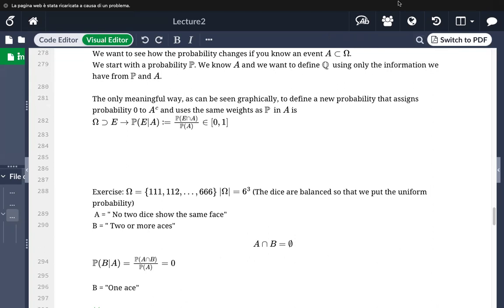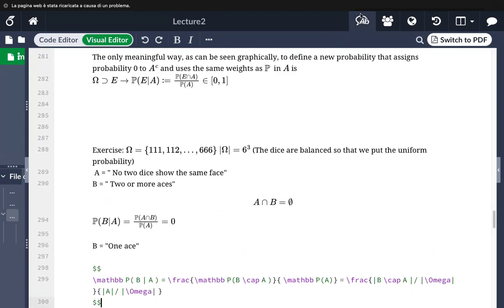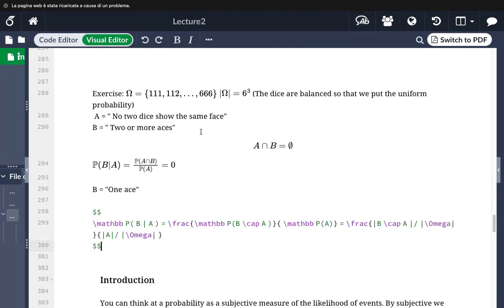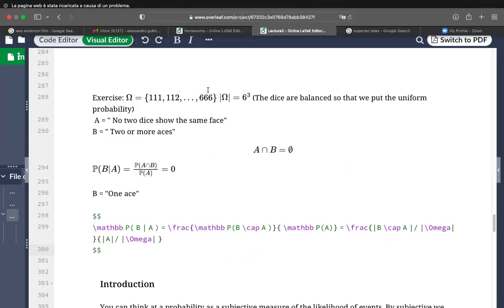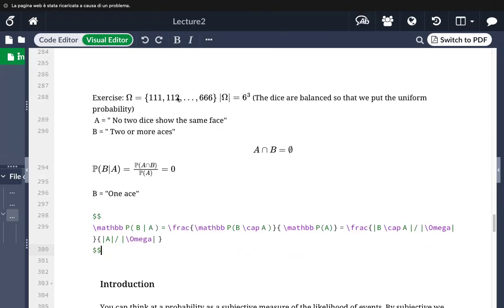I was writing the sample space here: omega is equal to the set of triples of the results of the dice, so 6 to the power 3 elements. The dice are balanced, so we put the uniform probability on it.